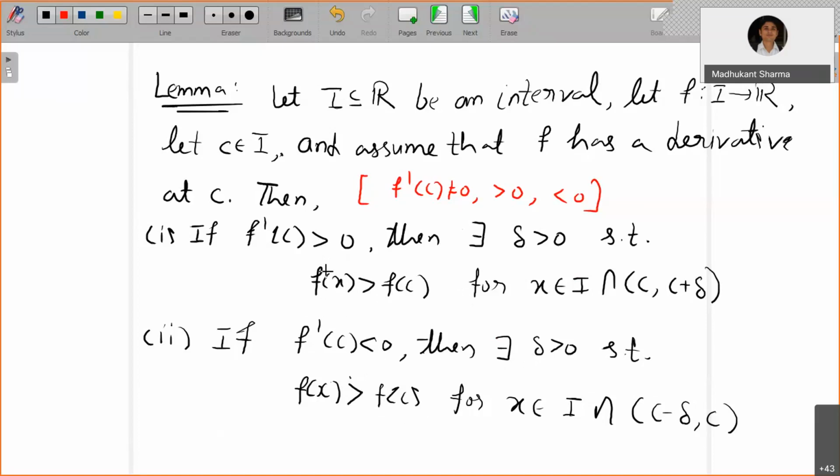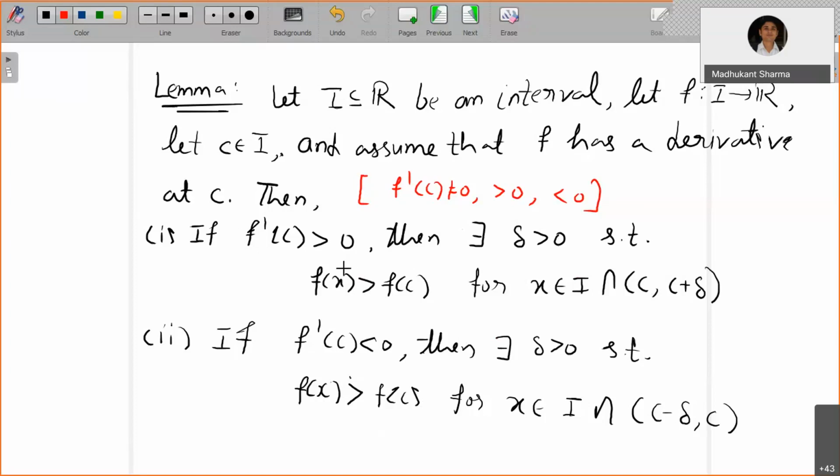Its proof again depends on the definition of the limit: you write f dash of c as a limit and then use the fact. So the proof is not necessary here.